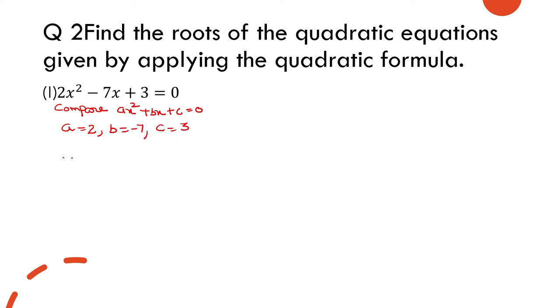So the first step will be to find the discriminant, that is b square minus 4ac. It gives us minus 7 square minus 4 into 2 into 3. Minus 7 square will be 49 and 4 2s are 8, 8 3s are 24.